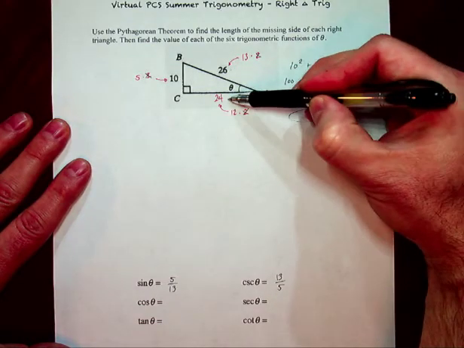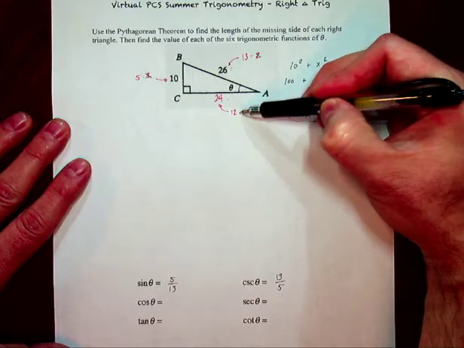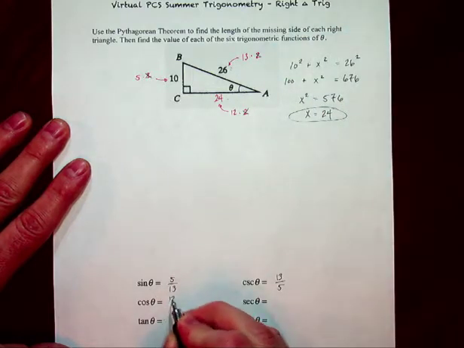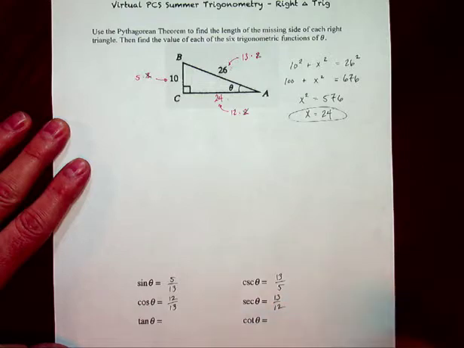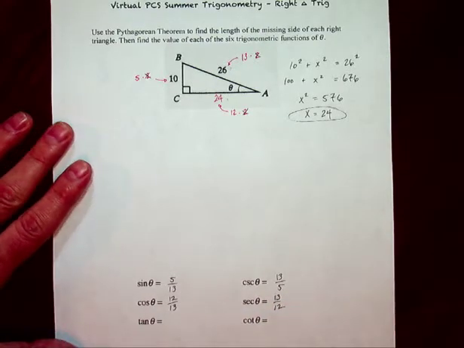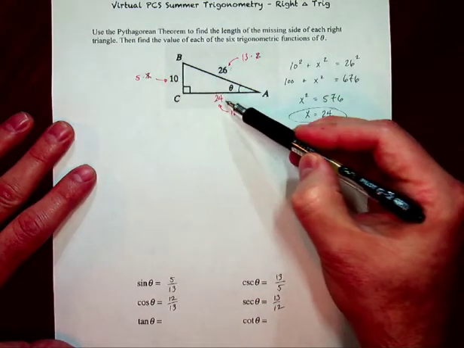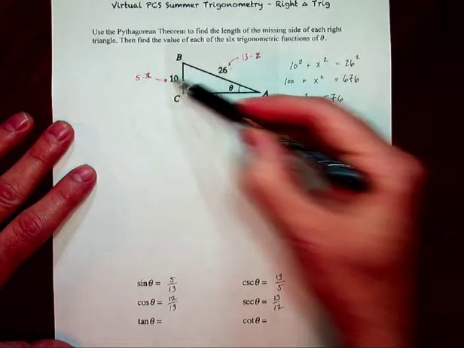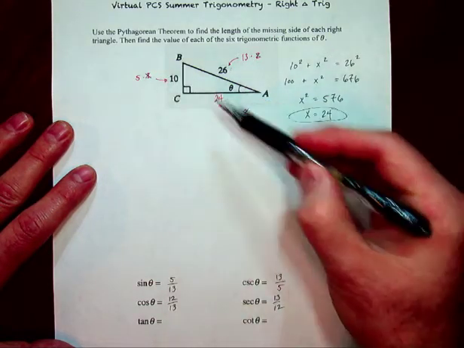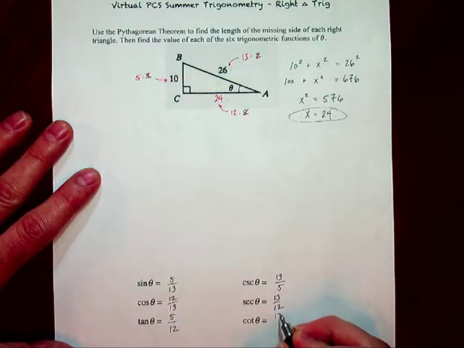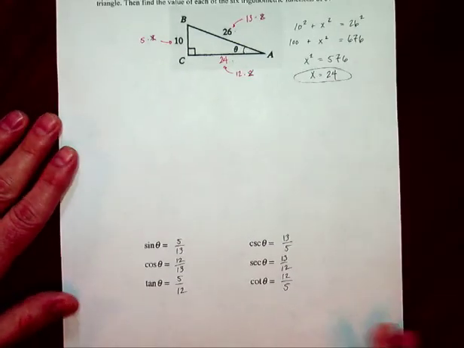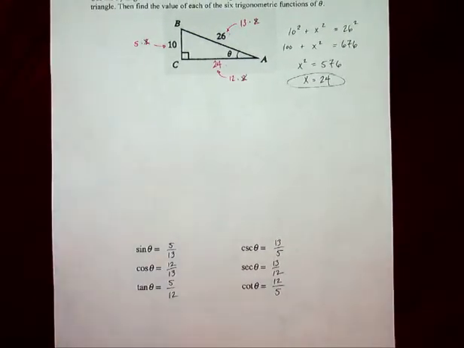That's going to be 24 over 26, or 12 over 13. And of course, the reciprocal is 13 over 12. Now, the tangent is going to be opposite over adjacent. It's going to be 10 over 24, which reduces to 5 over 12. And that, of course, has a reciprocal of 12 over 5. Okay.